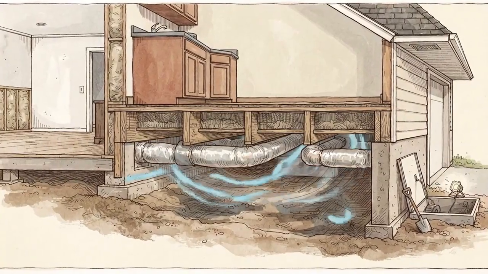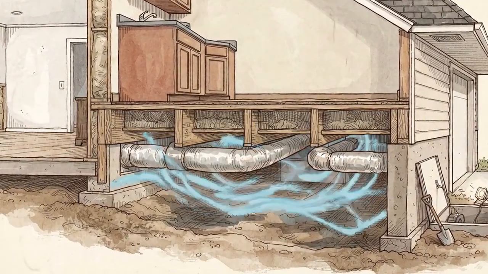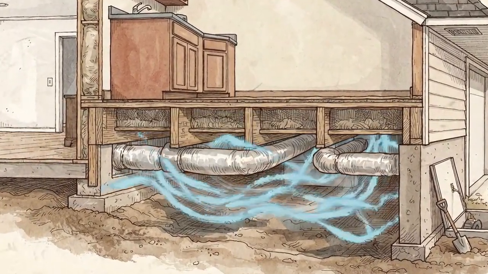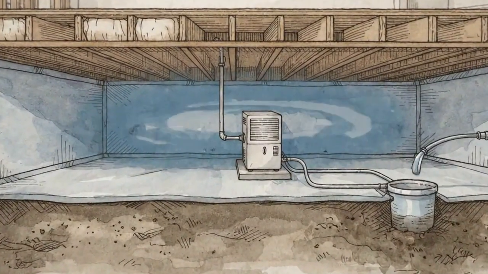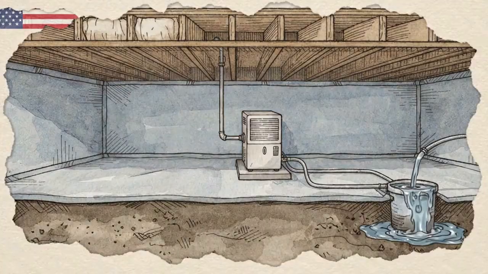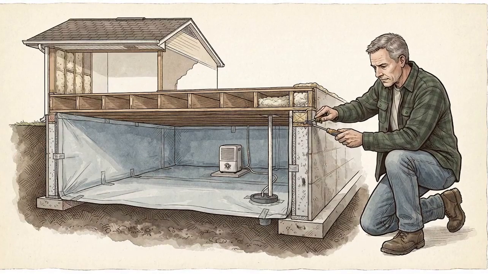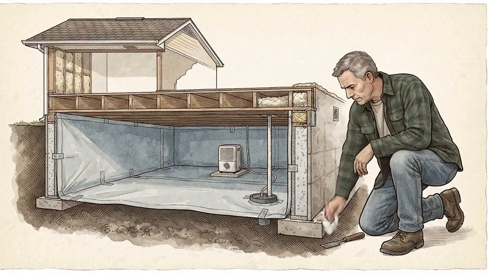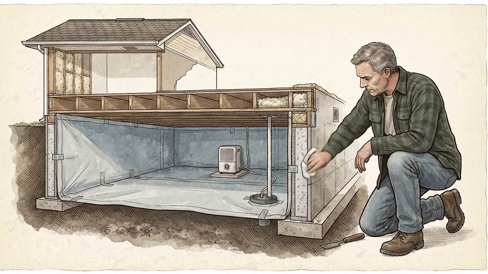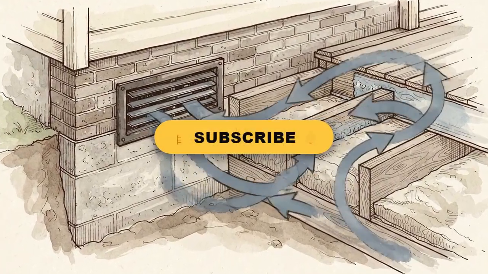Energy Star's indoor air package specifications include sealed crawl space criteria. Full encapsulation with a quality barrier and dehumidifier runs near $300 in materials for a small do-it-yourself project, and significantly more for a professionally installed system on a larger space. But the performance difference is documented and durable.